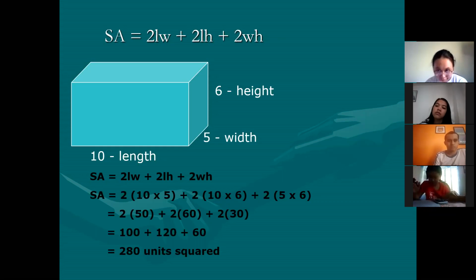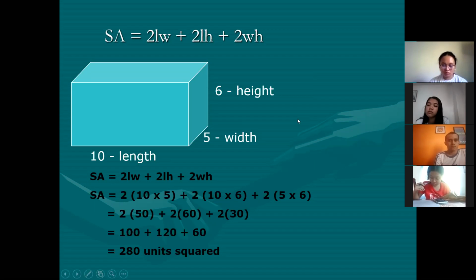To apply the formula and find the surface area, you have twice length times width plus twice length times height plus twice width times height. Your length is 10 units, your width is 5 units, and your height is 6 units. Depending on the letter in the formula, you substitute the given information and simplify by multiplication and addition.